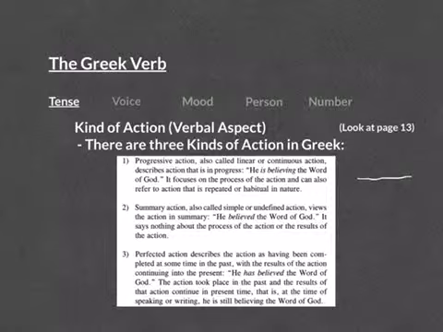The next one is summary aspect. I like to call it aorist aspect, but just because the book has summary and something you refer to, we'll just do summary. This can be called simple or undefined action. So basically the main idea is that it just says something.